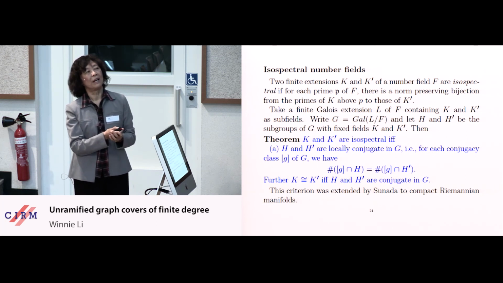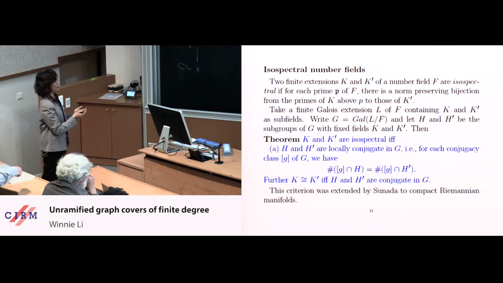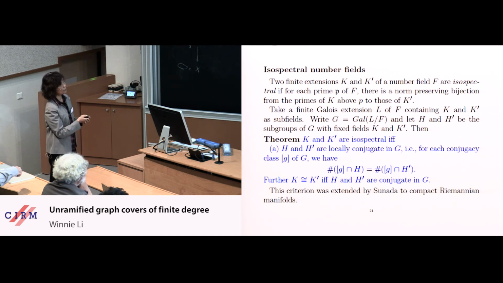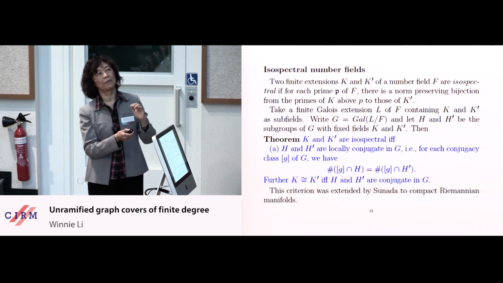Okay. And for number fields, there's a nice algebraic way to decide this. That is, you embed these 2 fields into a common Galois extension, L, and think of these 2 fields as the fixed fields of 2 subgroups, H and H prime, of the Galois group G. Then the 2 fields are isospectral if and only if there's an algebraic condition on these 2 groups, H and H prime.